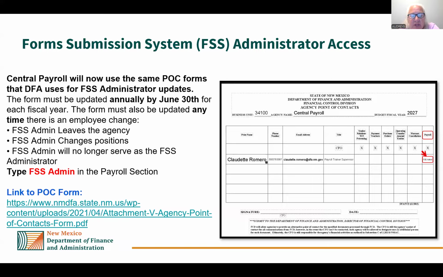We have to have this for our SOC audit requirements, and the POC form and the delegate form are both going to be used as reference points when we have to audit FSS to ensure that only appropriate people have this access.